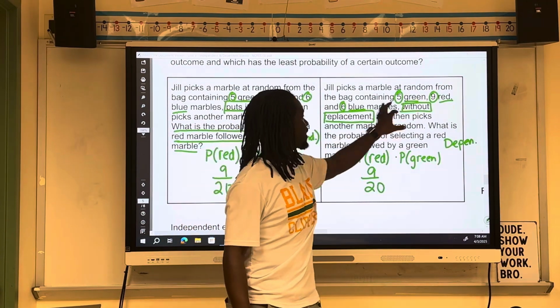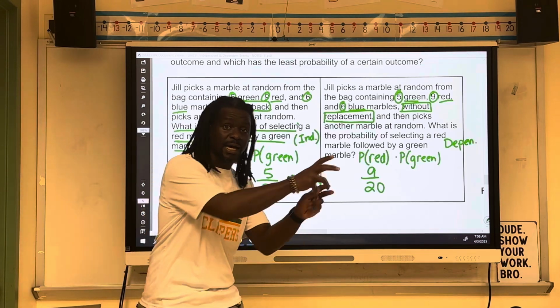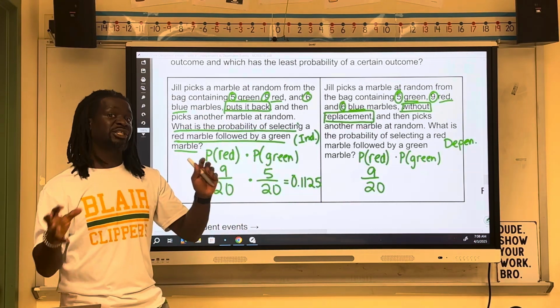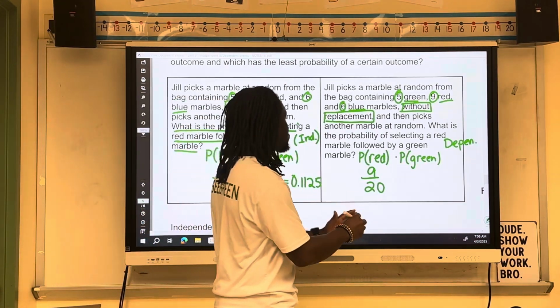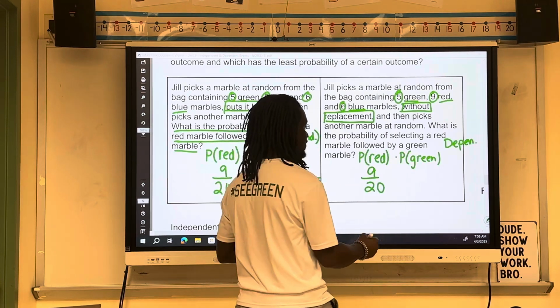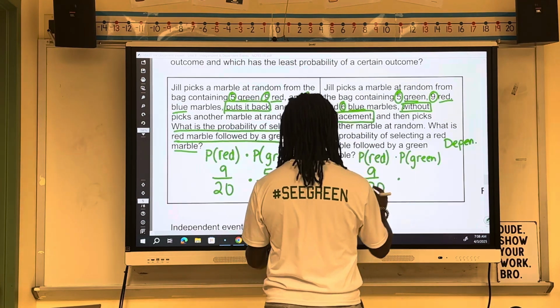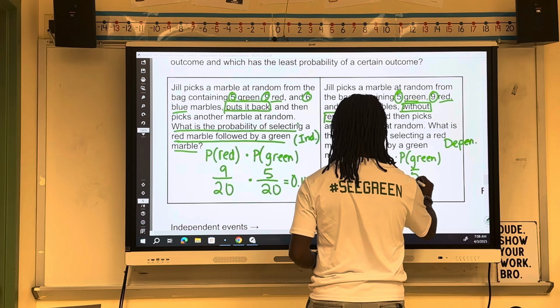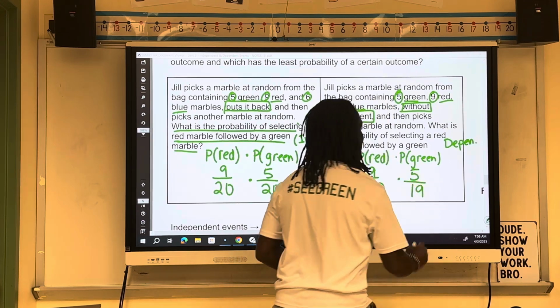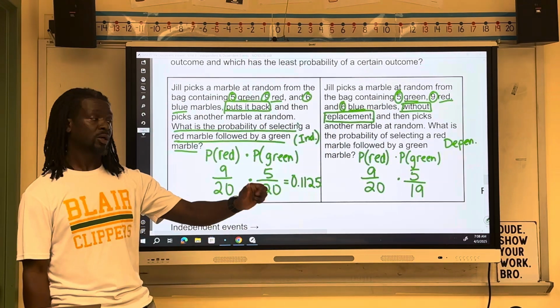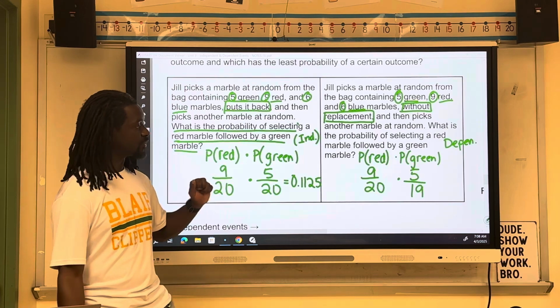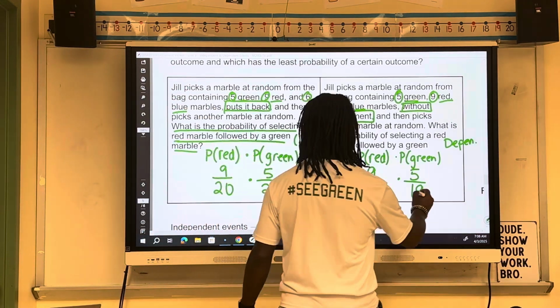This time she takes the marble out and does not put it back, so we lose one from our total. Now for green, we have 5 green out of 19, because she just removed a red one, so the total has decreased.